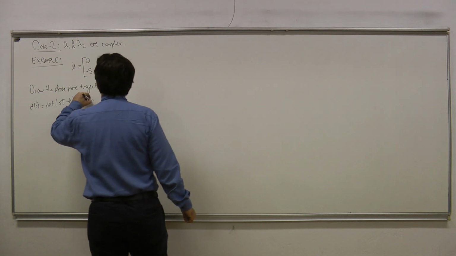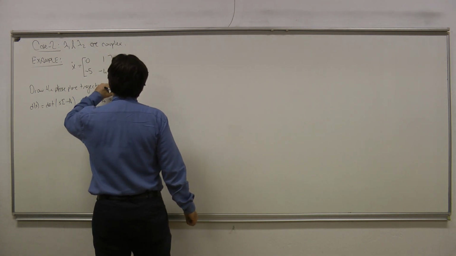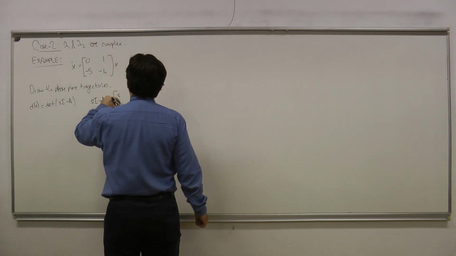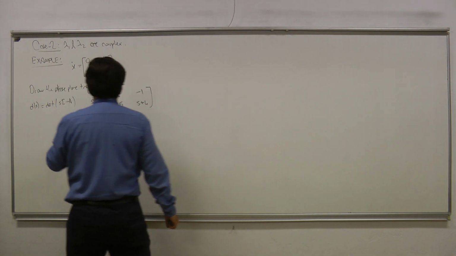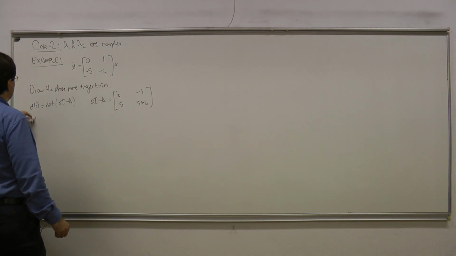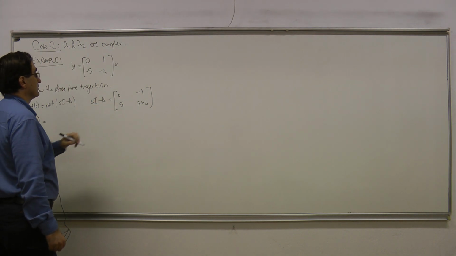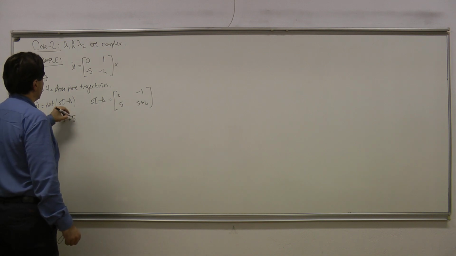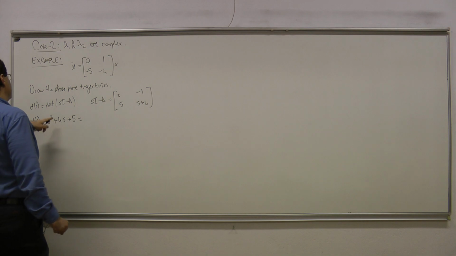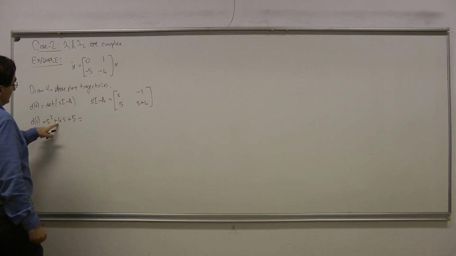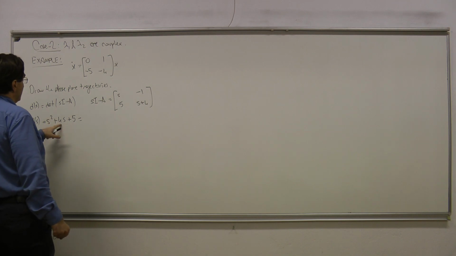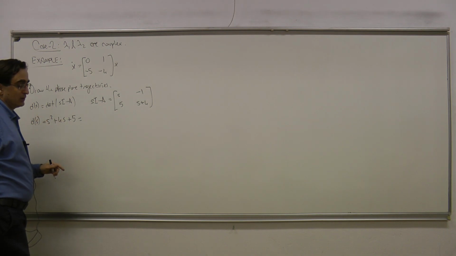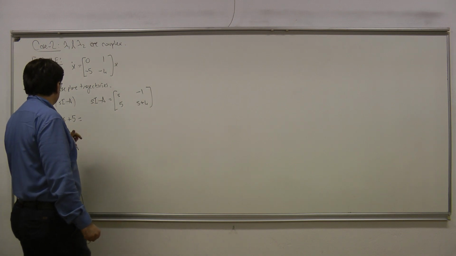The matrix sI minus A is [s+4, -1; 5, s]. The determinant gives the characteristic polynomial s squared plus 4s plus 5. If I calculate the discriminant, b squared minus 4ac, it is negative. That means that we will have complex eigenvalues here.